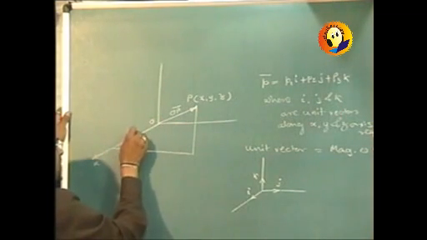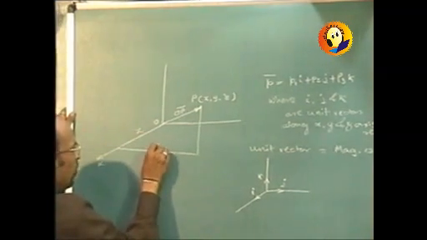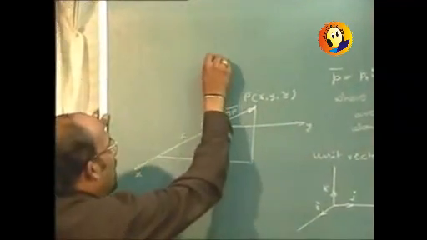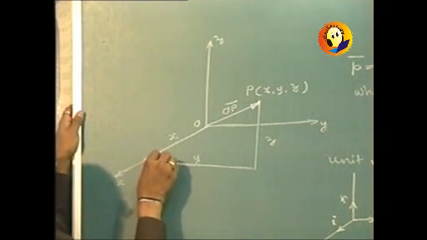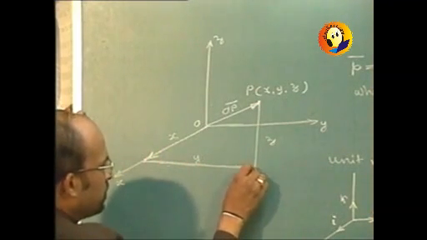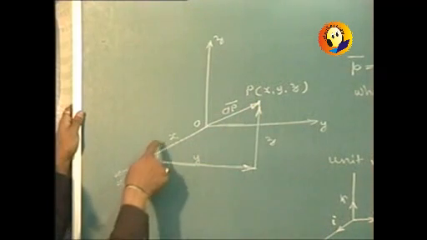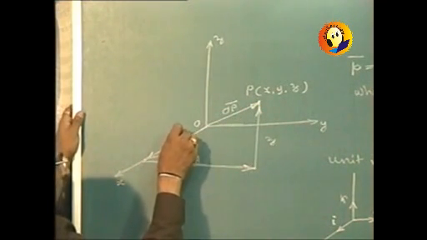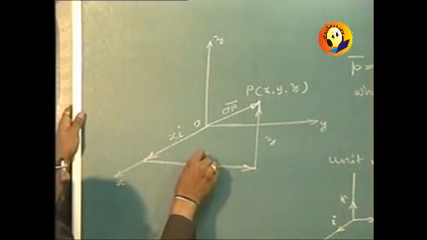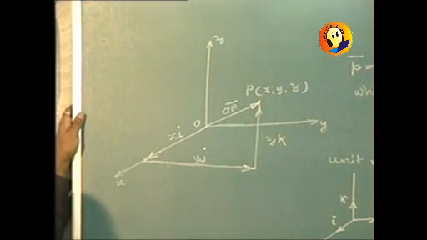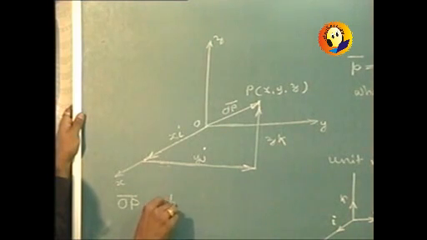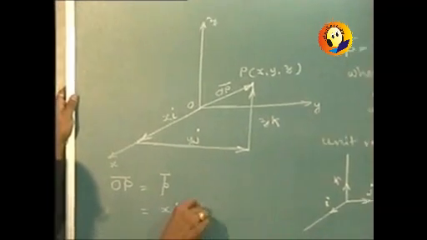So this is the distance travelled along the x-axis, the distance travelled along the y-axis, this is our y-axis, and the distance travelled along the z-axis. Ultimately this is the direction in which the movement will take place, and to indicate the direction we will write it as xi plus yj plus zk. That is what we call vector addition. And so OP bar can be simply written as the position vector of point P. It will be xi plus yj plus zk.